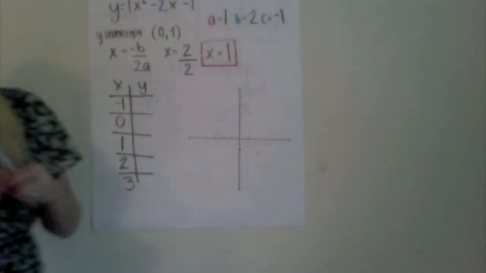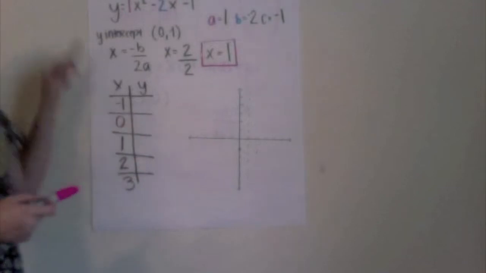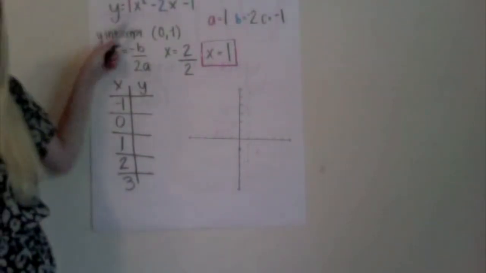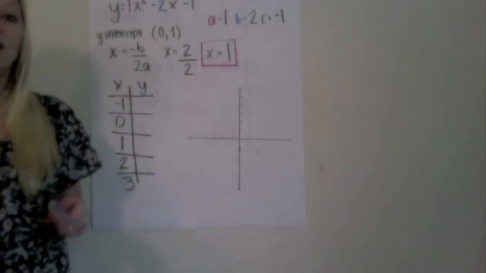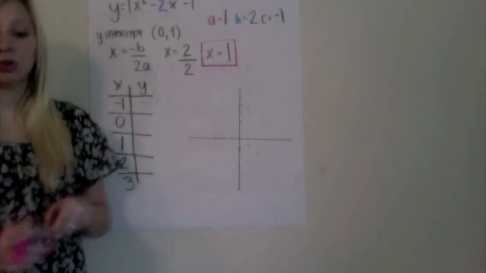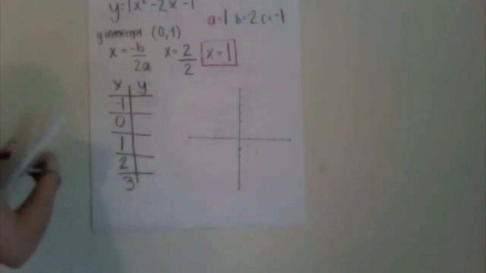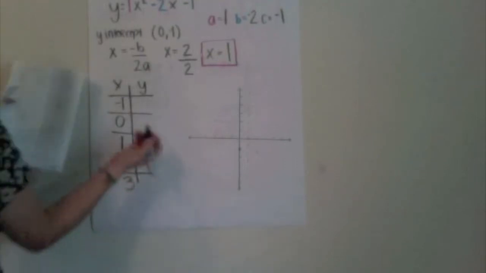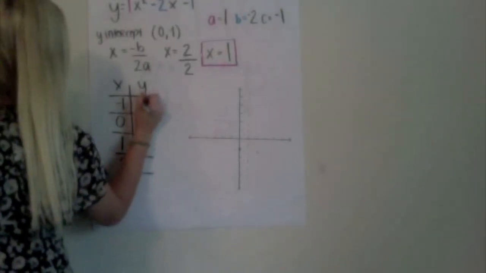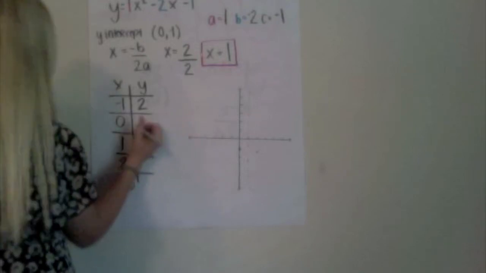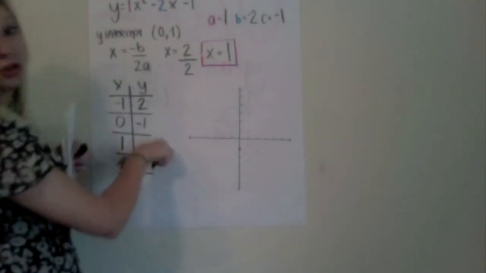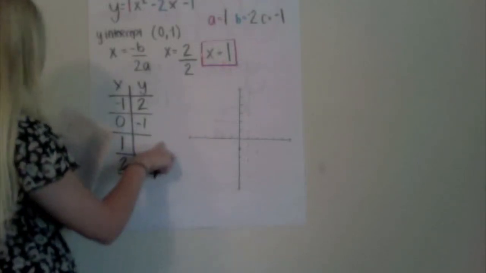Alright, so now we need to plug those into our equation up here for x and see what we find for y. I'm going to go ahead and do this on my own. You can do it on your own as well. We plug in, when x is -1, we get y is 2. When x is 0, we get y is -1. We already knew that one because we know the y-intercept.